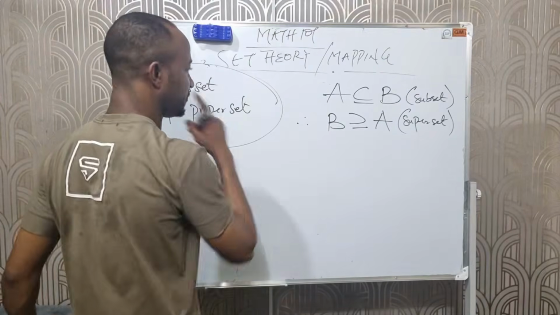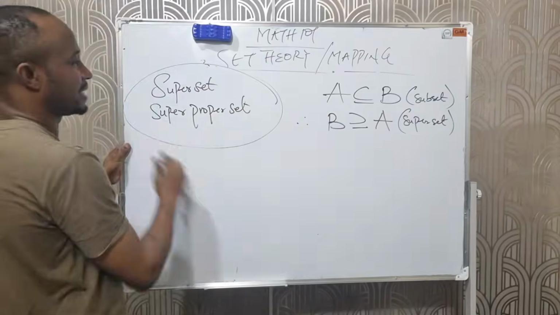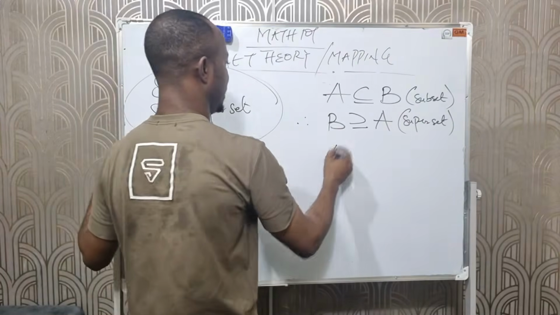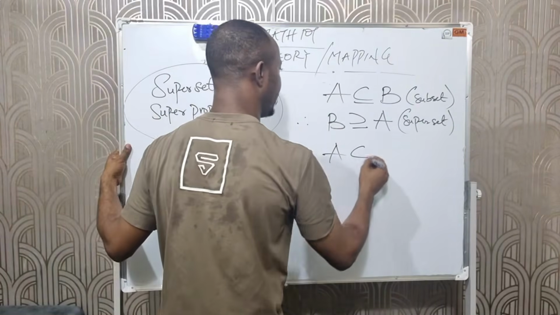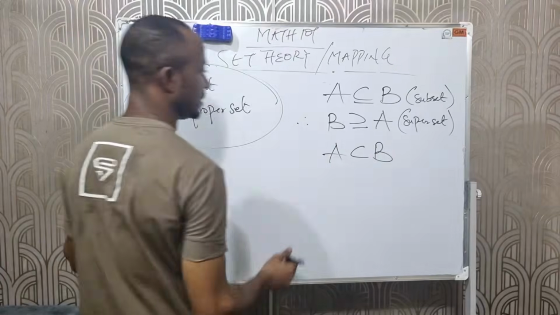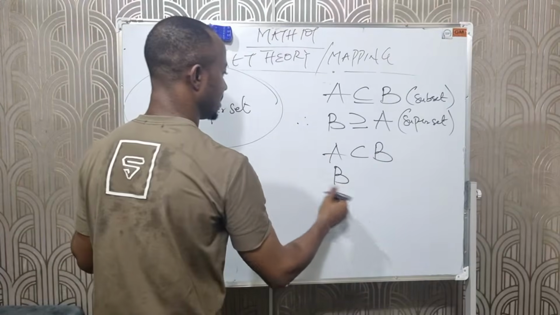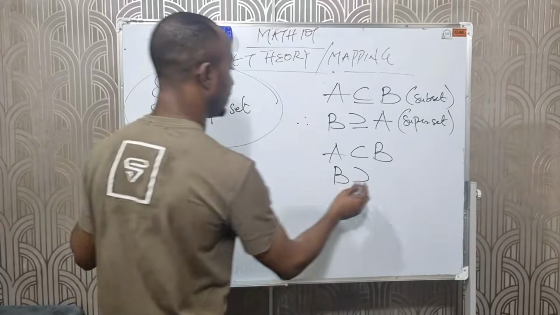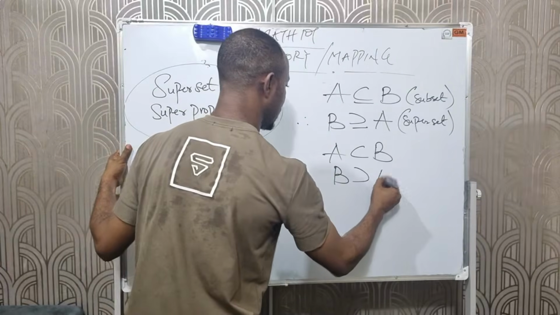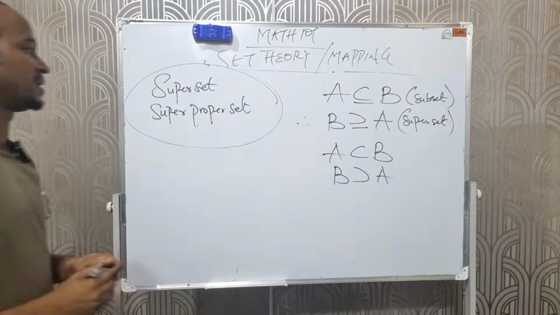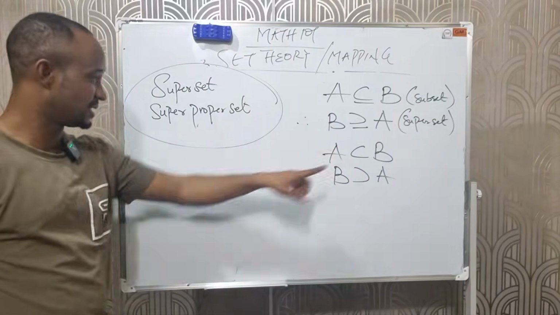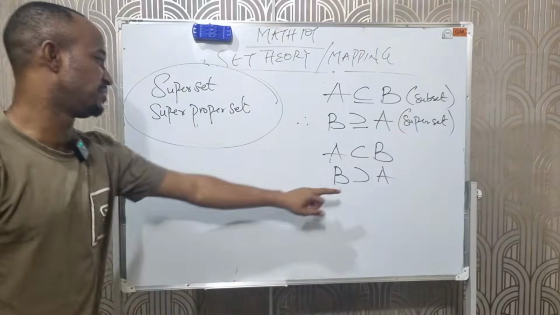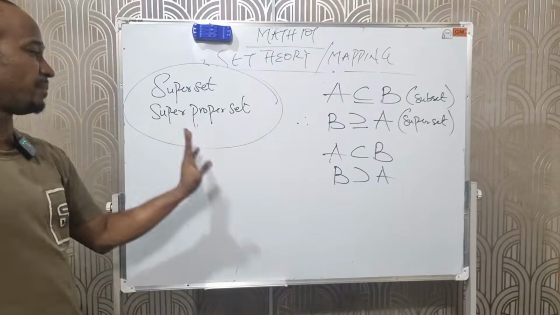Now, for super proper sets, let me explain. If A is a proper subset of B, that implies that B is a super proper set of what?